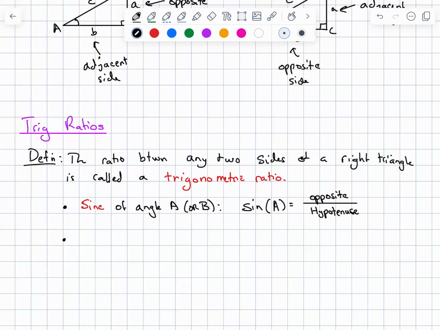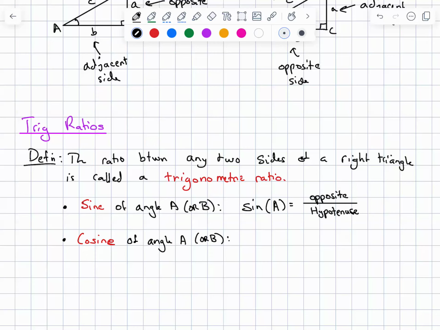The second trig function is cosine. So it's the exact same spelling, except there's a co in front, C-O, not K-O, C-O. Cosine of angle A or B. I'm just writing the A or B purely to mention that this works for both angle A and B. It doesn't matter which one.